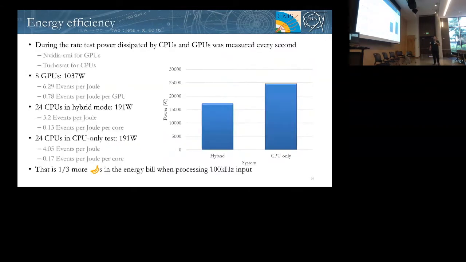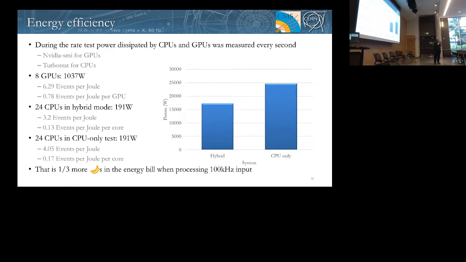And the energy efficiency: the power was measured during the test. The 8 GPUs together were burning 1 kilowatt. This means 6.3 events per joule in total and 0.8 events per joule per GPU. The CPUs were using the same amount of power when running in hybrid or CPU only, and they were processing 3.2 events per joule in hybrid mode.